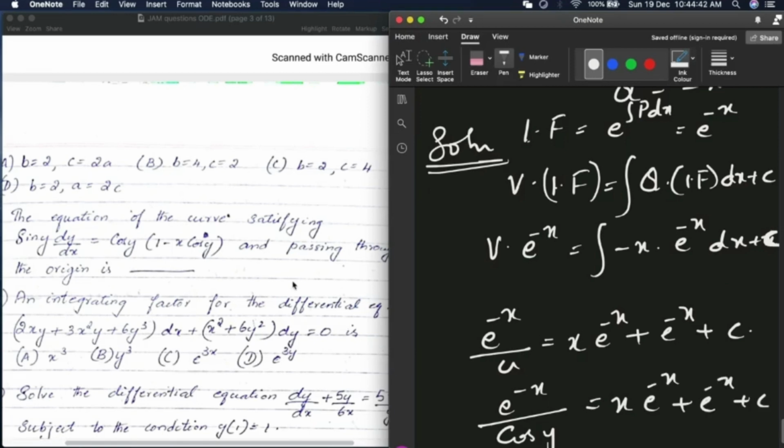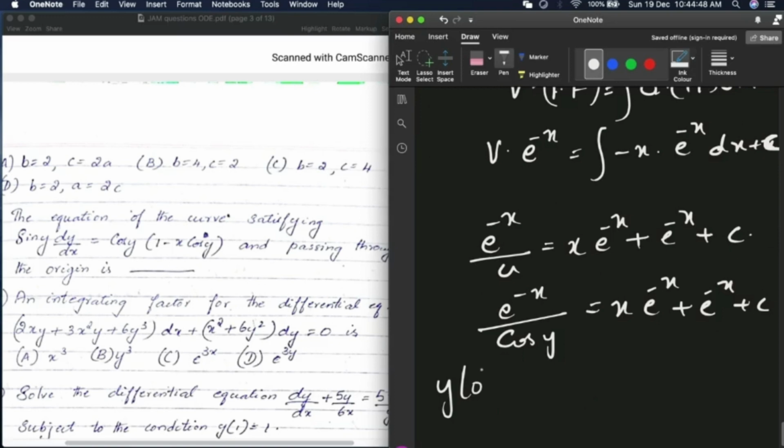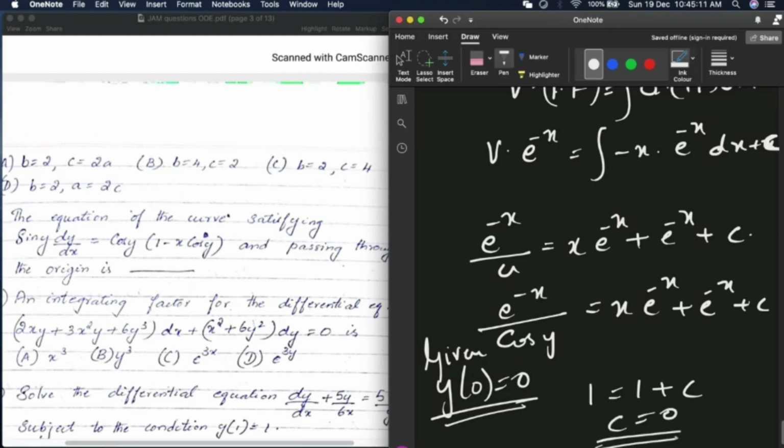I think there is one condition given to find this unknown: it passes through the origin, 0, 0. y of 0 is equal to 0 is given. So if I substitute, I'll get c. Cos 0 is 1, so 1 is equal to 1 plus c. c is equal to 0.